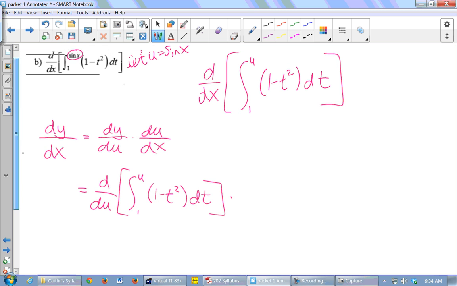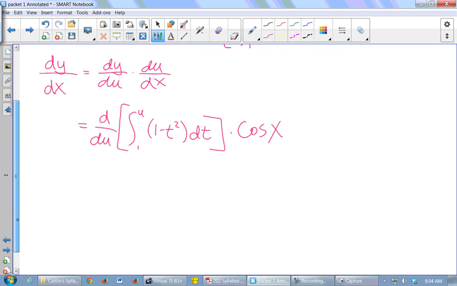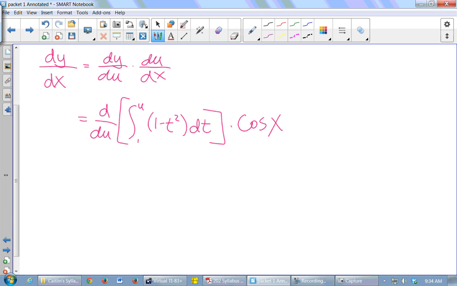And then what's du dx? Close. Cosine x, yeah. Du dx, that's just the derivative of sine x. It's cosine x. Okay, so now I have d du of the integral from 1 to u.